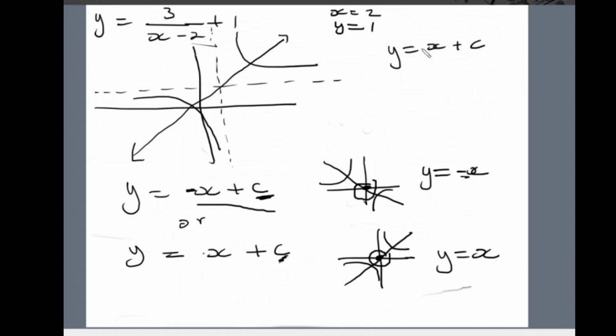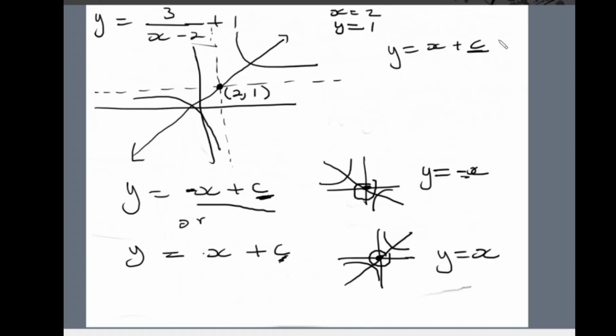Our gradient is 1 because it's an increasing function, right? Now to determine the value of c, you only need to know the coordinates of the point where the two asymptotes intersect, right? So we know the coordinates of that point. x is 2 because of that equation, and y is 1, right?